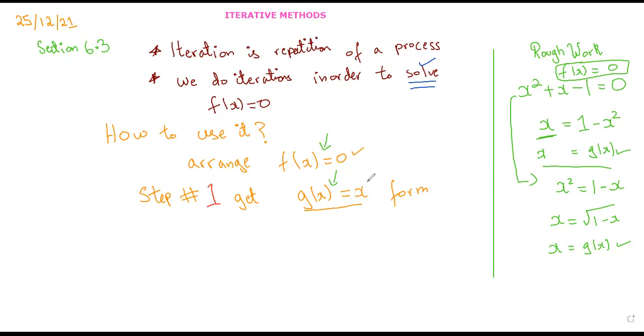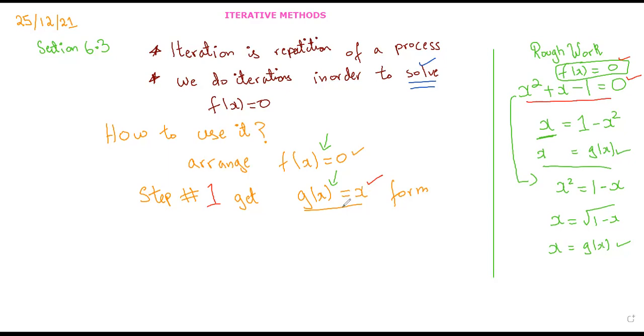Now, what do I mean by this? By this, I mean, if this is your f of x equals 0, and this is your example where we particularly have x squared plus x minus 1, I will tell you how to get g of x equals x form for this. First, you need to understand what is g of x equals x form.